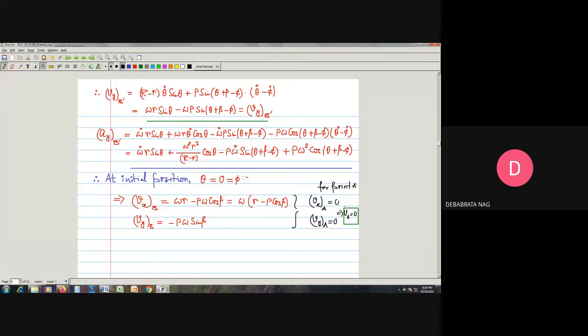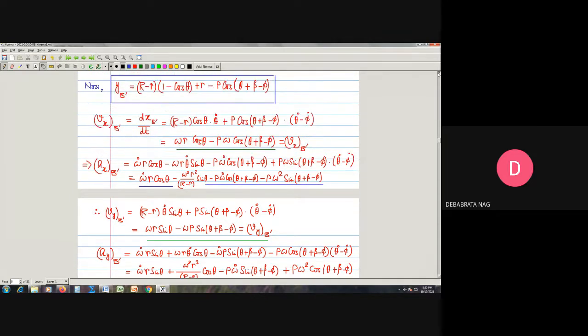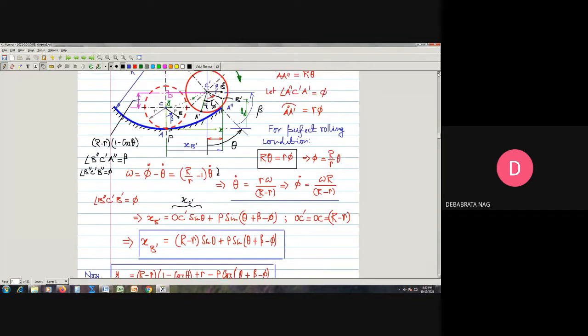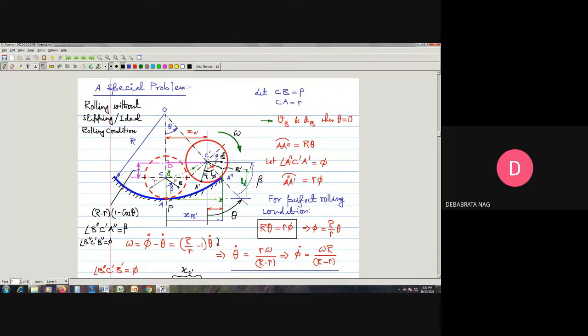And this is a most important observation. It is because we have said that the object, in this case the cylinder or the sphere-like rigid body, is executing a rolling without slipping motion over this static surface. Since there is a static surface and the point of contact is a coincident point, a common point between these two bodies, rolling without slipping means that there should not be any relative motion or any slipping action here.